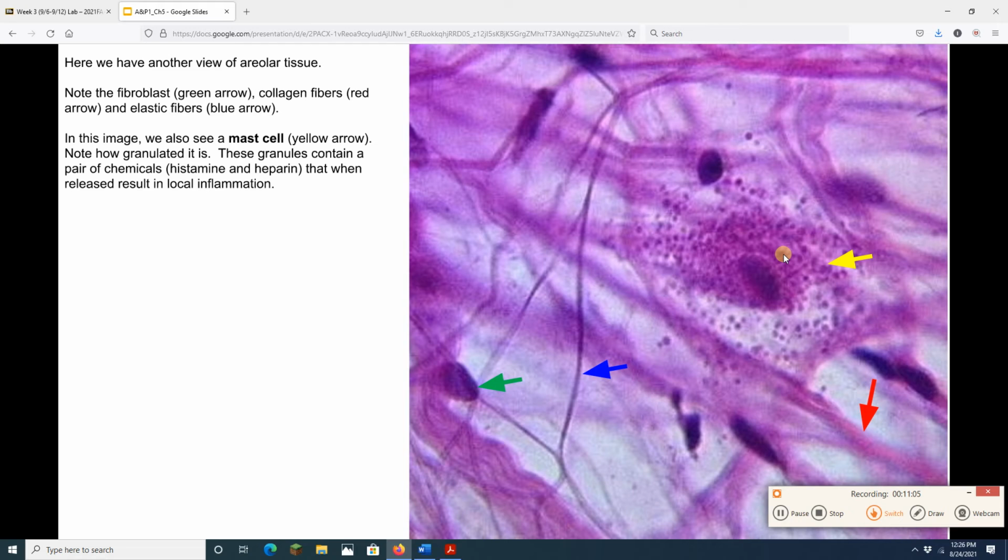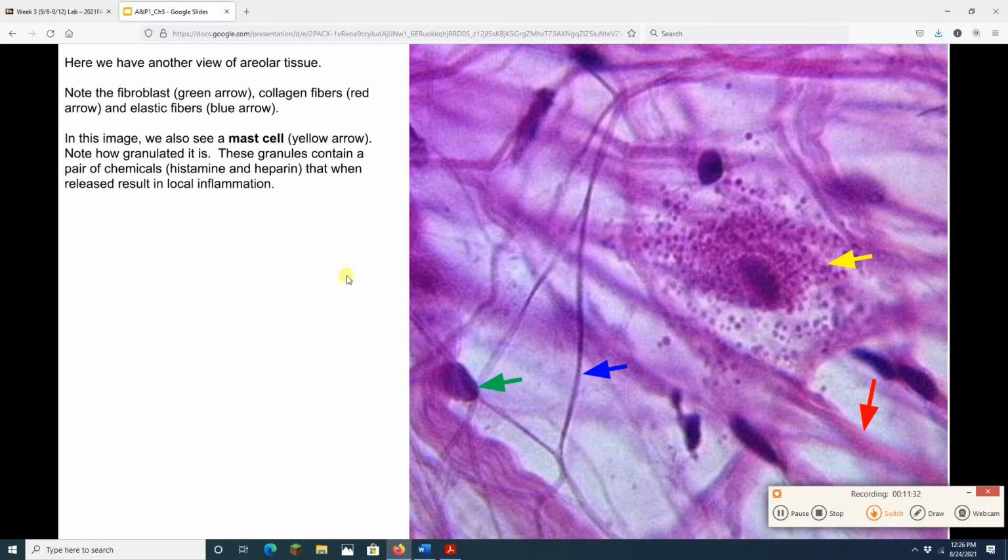Think about the epithelium lining your trachea, lining your esophagus. You can damage that. It makes sense that you've got immune cells in the tissue underlying that epithelium. All right, so if you see a granular cell like so amidst all the fibers, you are going to know it is a mast cell.